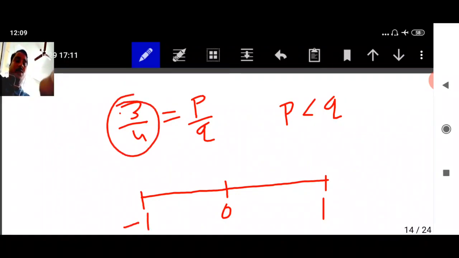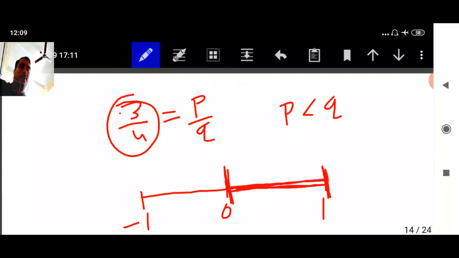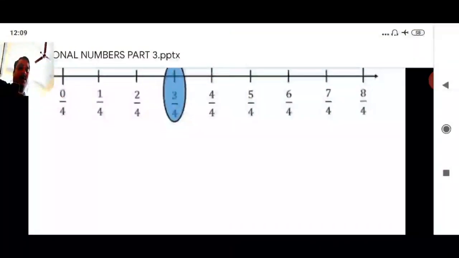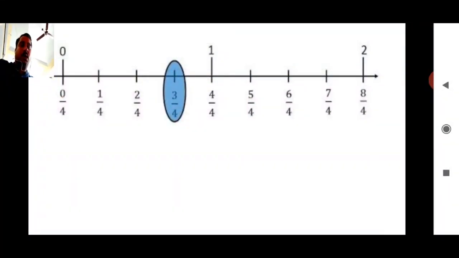If this is positive, so it lies between 0 to 1. And how we represent this, we will discuss later. So we can decide that this number lies between 0 and 1. Okay, here is the representation of 3 by 4 on the number line. You see 0 by 4, 1 by 4, 2 by 4, 3 by 4. We will discuss it later.